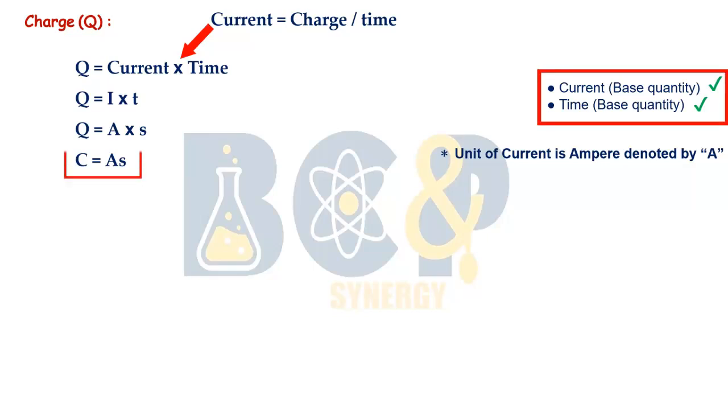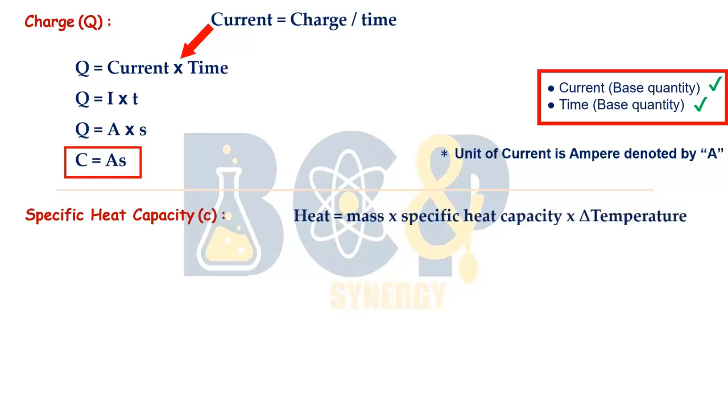The next quantity is specific heat capacity. Heat energy is equal to mass into specific heat capacity into temperature. Now we can derive the formula of specific heat capacity through this formula of heat energy. We will divide by mass and temperature on the other side of the equation.